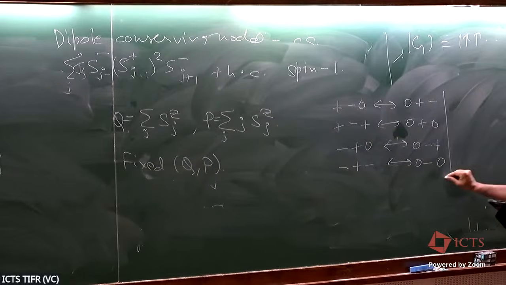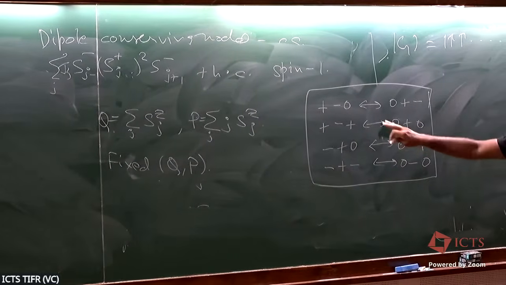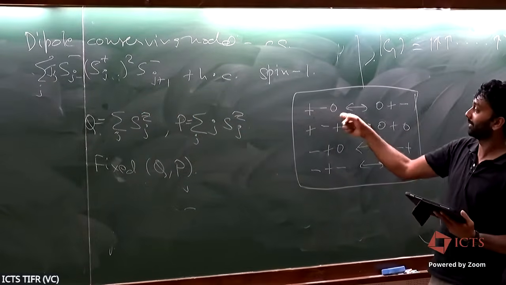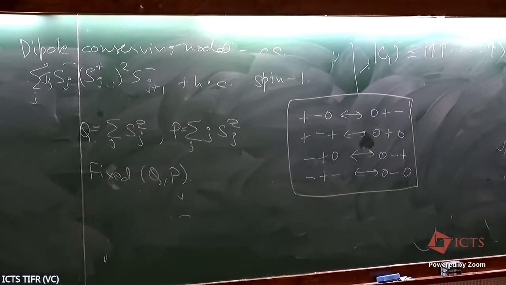This is a 3-site Hamiltonian, so if I have a spin configuration plus minus 0, it can transition to this, right?